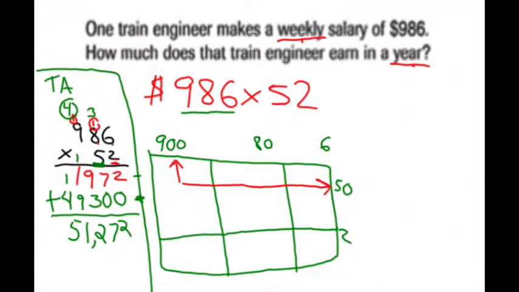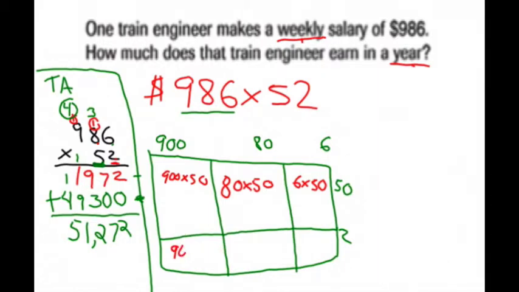And in this particular rectangle I have 900. Okay? So what I'm going to do is I'm going to put 900 times 50. Above to the side, 80 times 50. Above to the side, 6 times 50. Oops, I got to get that back in there. And I go above here, 900, to the side here, 2.